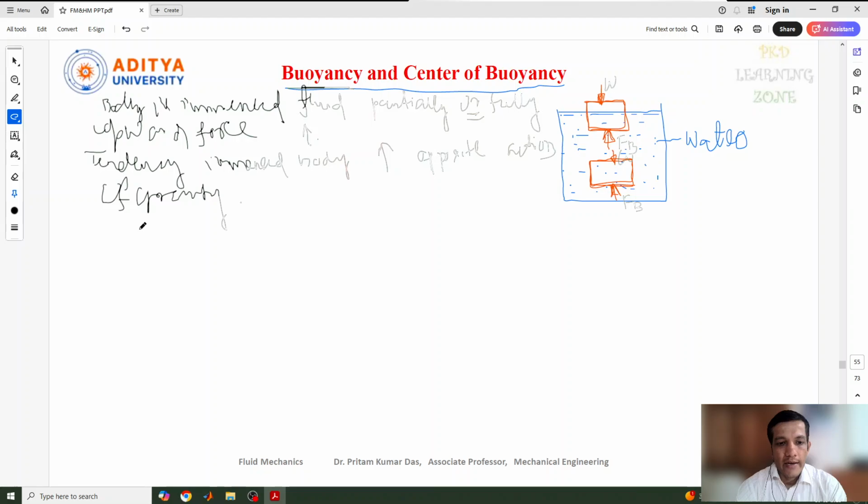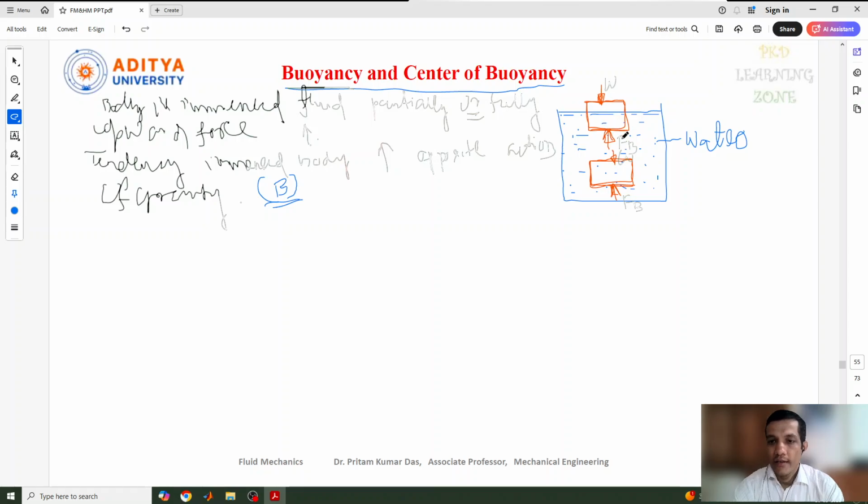This is about the buoyancy point. So the force which is acting on this, I have marked as B. The denotation for this buoyancy is capital B. The force of buoyancy is nothing but the force that tends to lift up the body under any condition.